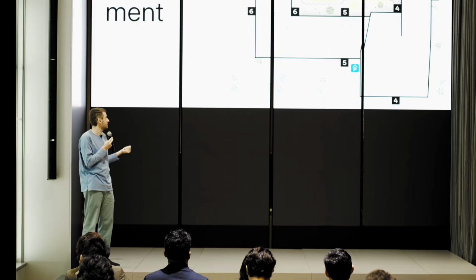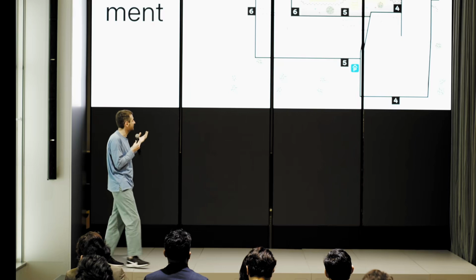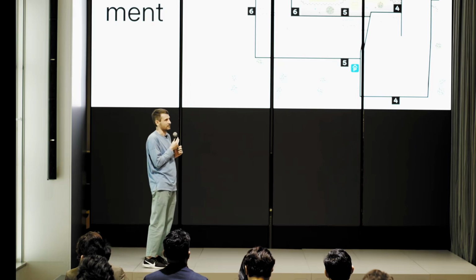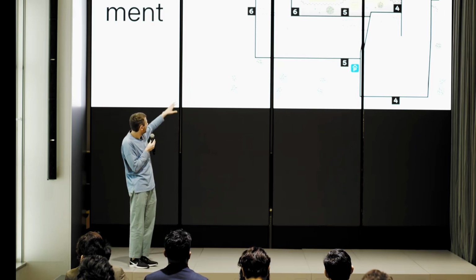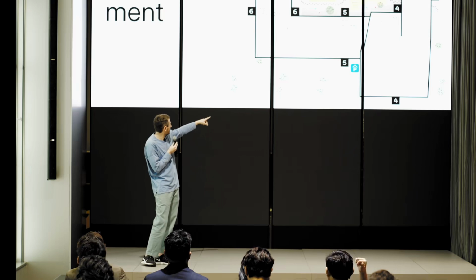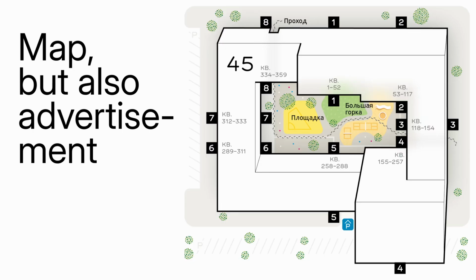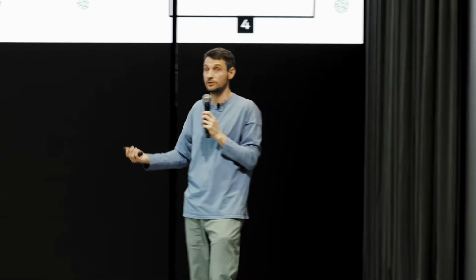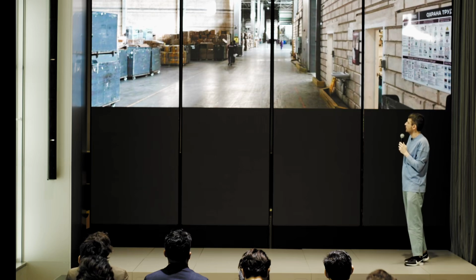We could also print some booklets with it. And then it will work as an ad because people who consider living there will see how nice the yards are, that there are some hills and some swings and some trees. There is an underground parking. There is some parking outside. You see what the apartment numbers are. So you design one map and then you have multiple uses for it. Another example would be wild berries.